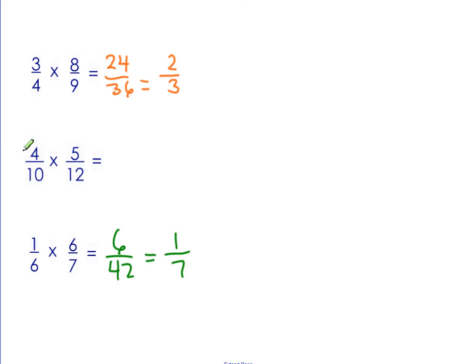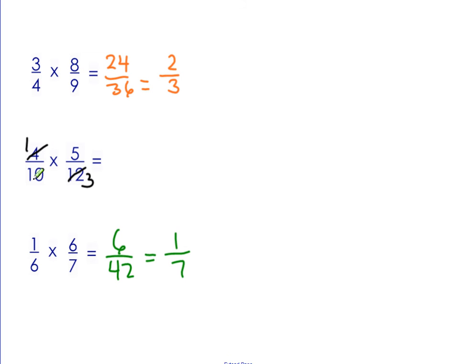I'm going to look at the numerator 4, and I'm going to say to myself, is there a factor that 4 and 10 can be divided by, or 4 and 12 even? Oh yes, 4 and 12 can both be divided by 4. So 4 divided by 4 is 1, and 12 divided by 4 is 3. So I just made this 4 become a 1 and this 12 become a 3 by dividing both by 4.